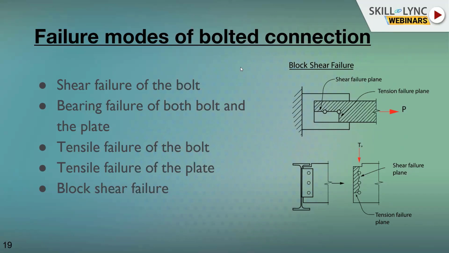The next one is block shear failure. To explain block shear failure, I'll tell you a very easy concept. You would have seen spiral-bound notebooks.